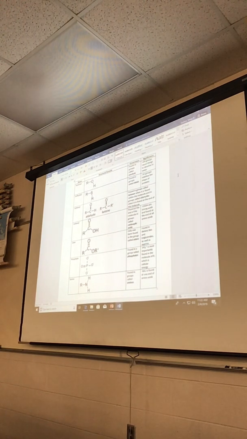That's just ester. The double bond O ones are the hardest ones. They look the same way.